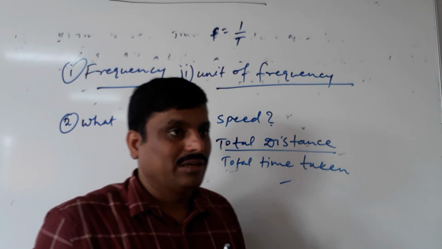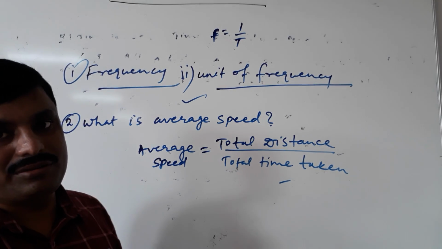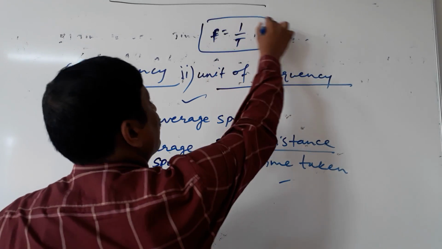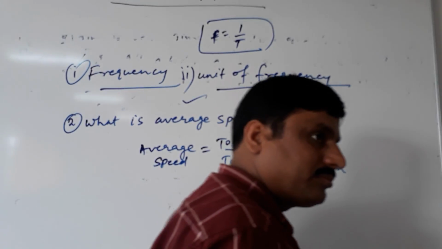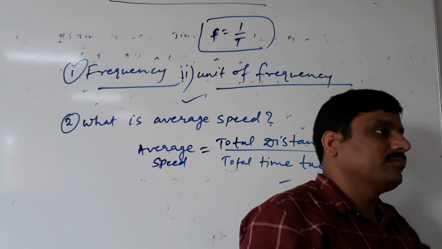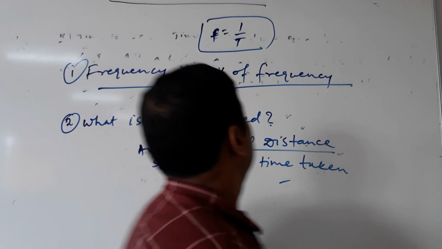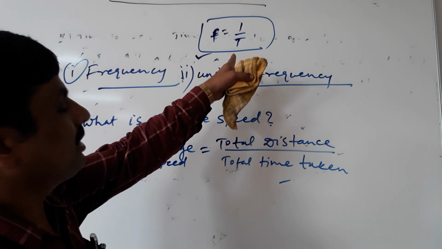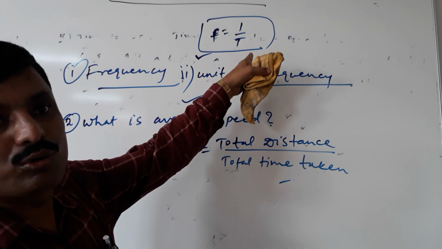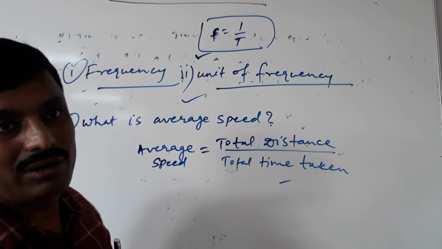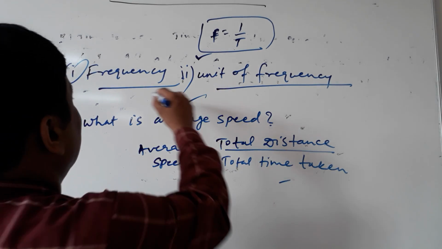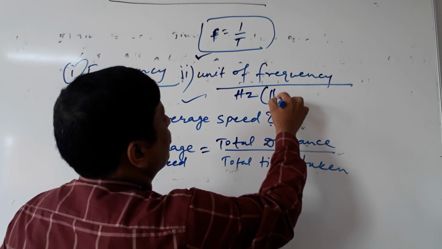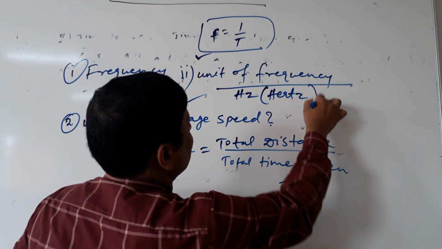Time period is the time taken by the pendulum to complete one oscillation. You have studied this. Unit is hertz. You also write hertz.